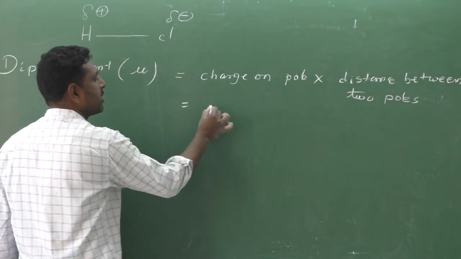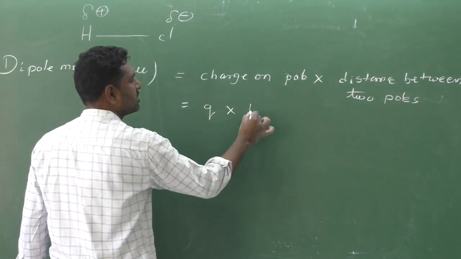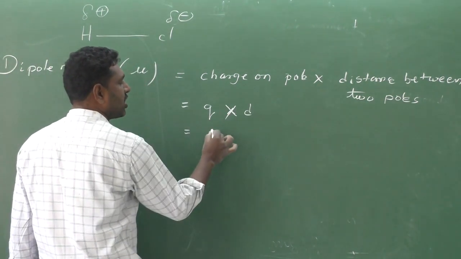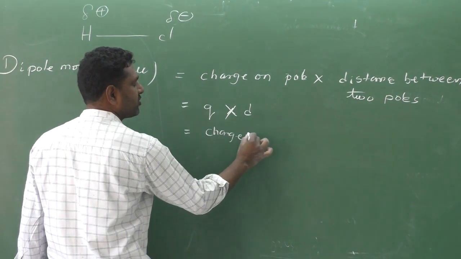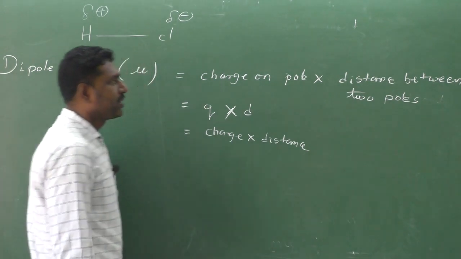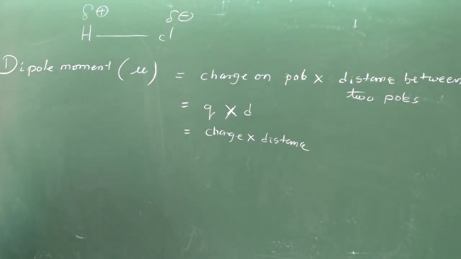The charge is denoted by Q and the distance is d. So simply, the product of charge and distance of a polar molecule is called the dipole moment.